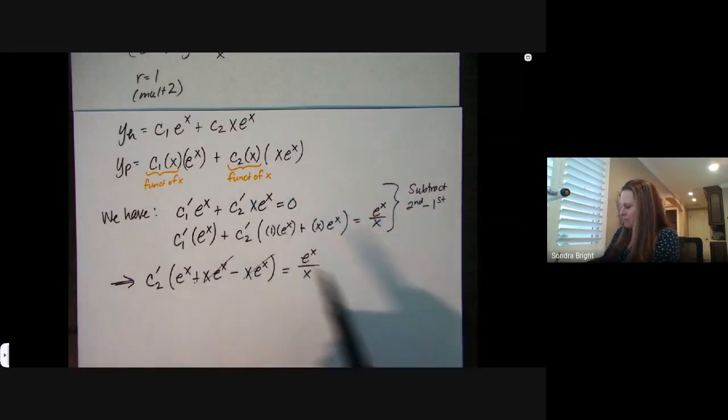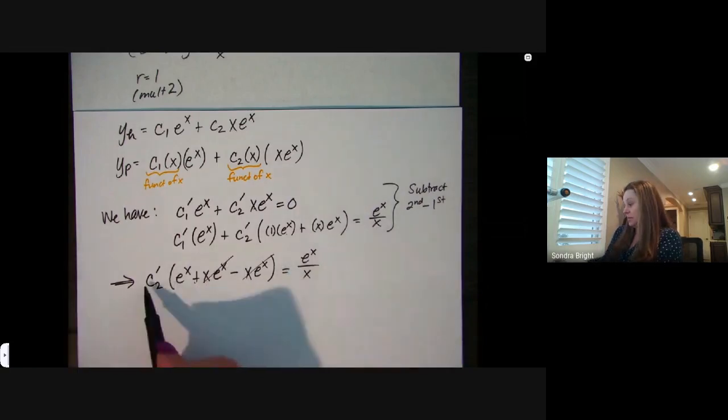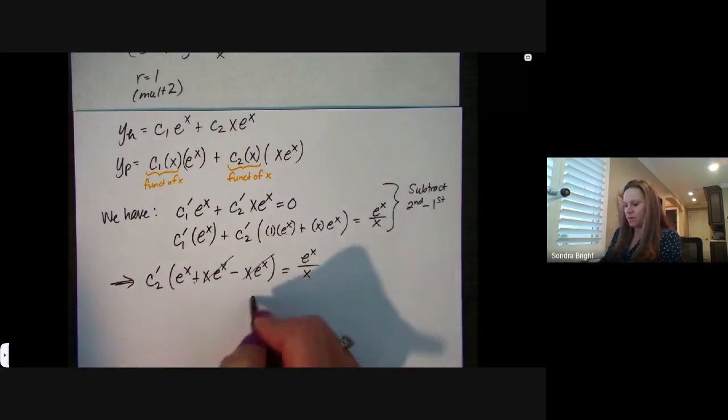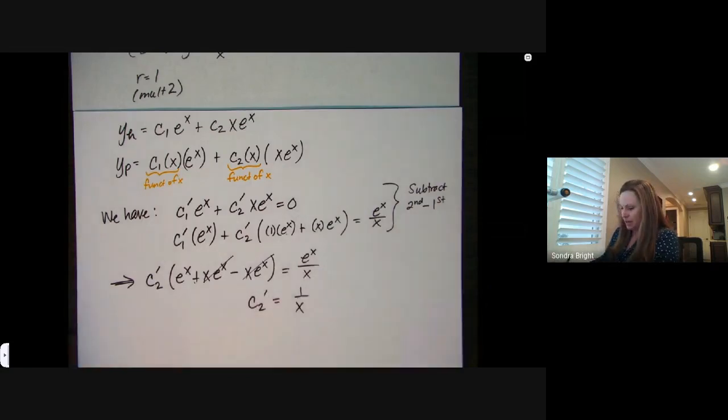All right, so that means that you've got C2 prime times e to the x, and so I'll divide both sides by e to the x, and I get C2 prime is equal to 1 over x. Plug that into the first equation to solve for C1. You could plug it into either, but definitely the first one's the easiest.